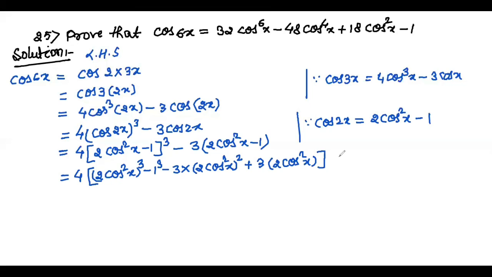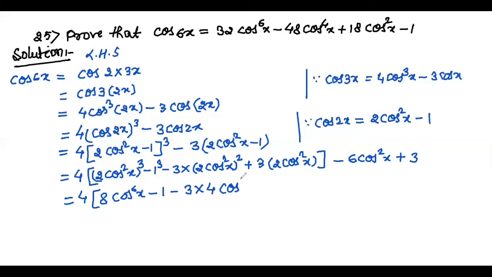It will be 6 cos square x minus, plus, that is 3. Now I'm going to calculate it. This is 8 cos to the power 6 x minus 1 minus 3 into 4 cos to the power 4 x plus 6 cos square x minus 6 cos square x plus 3.